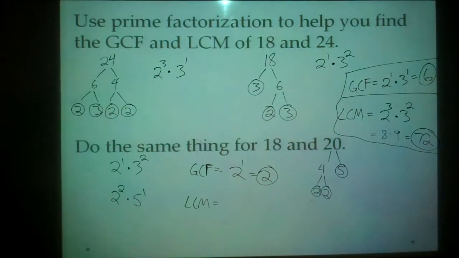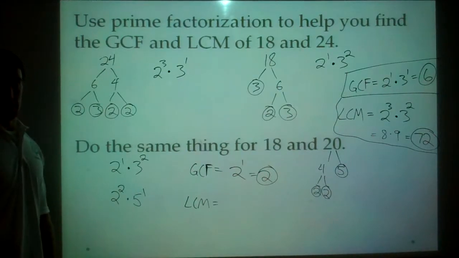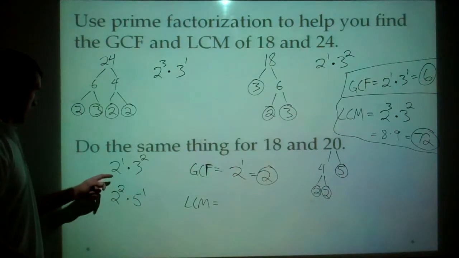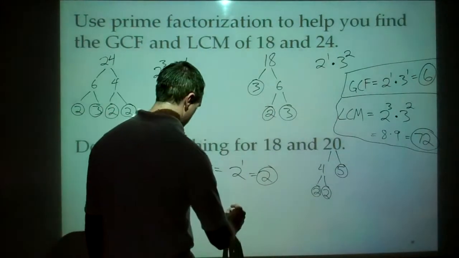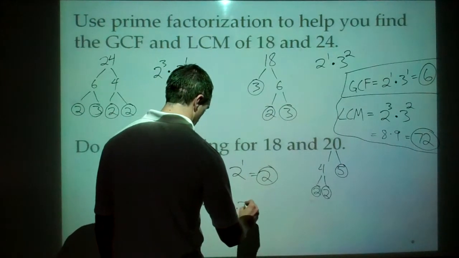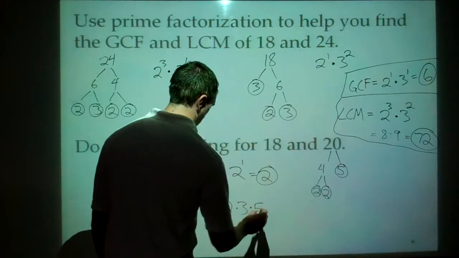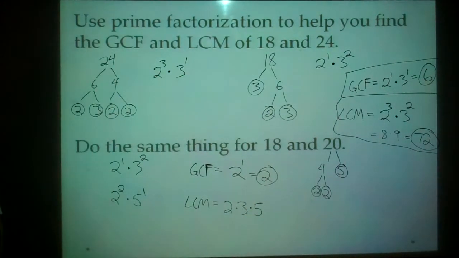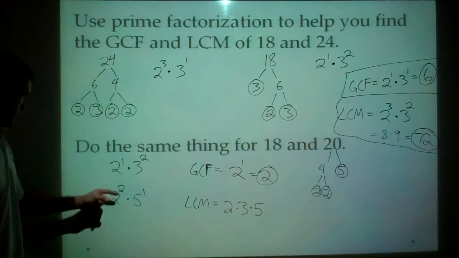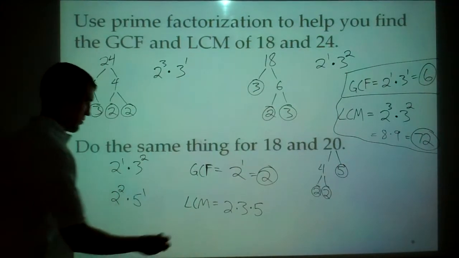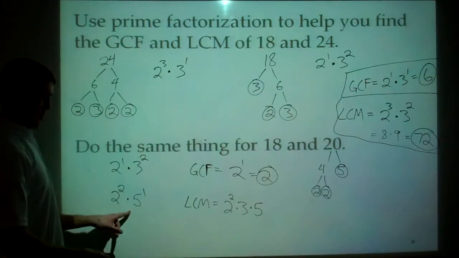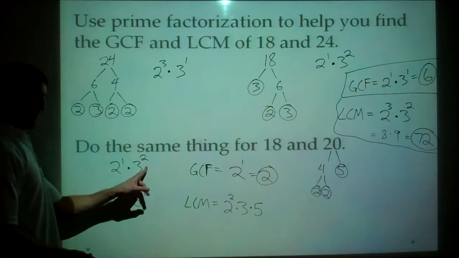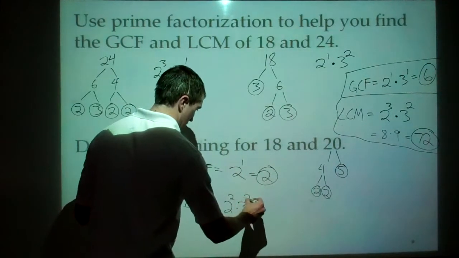Remember, LCM, we're going to take every number that we see. I see a 2, a 3, and a 5. We're going to multiply all those together. 2 times 3 times 5. And now we're taking the highest power of each of those. So between these two, 2 is higher than 1. We're going to take this. This one doesn't have a 3, so we're automatically going to take this one, 3 to the second.